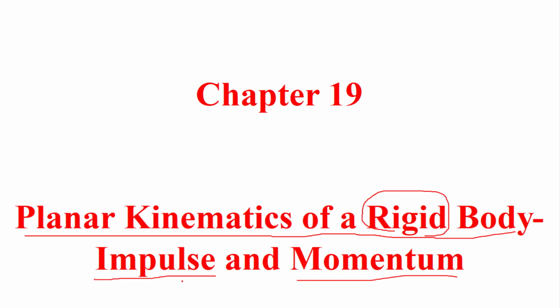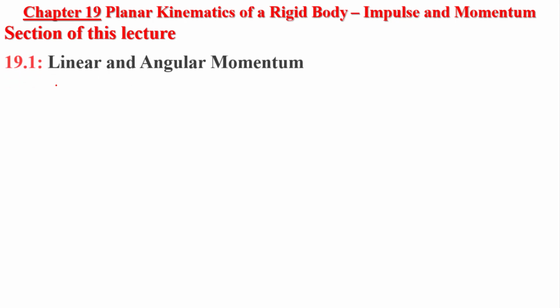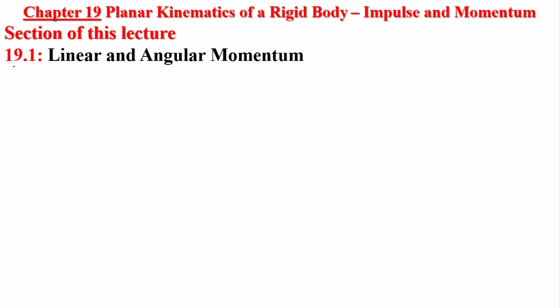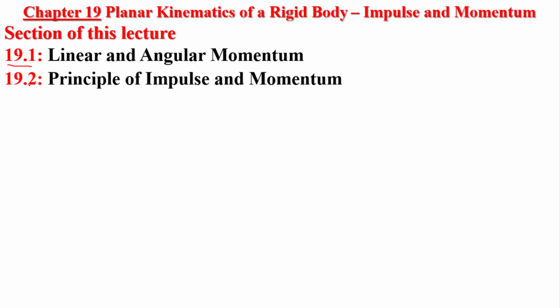Impulse and momentum. The sections of this lecture: the first section, 19.1, and then we move to section 19.2, which talks about the principle of impulse and momentum. But first we'll define and find a relation for linear and angular momentum.